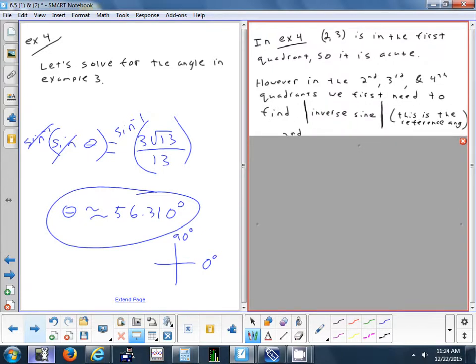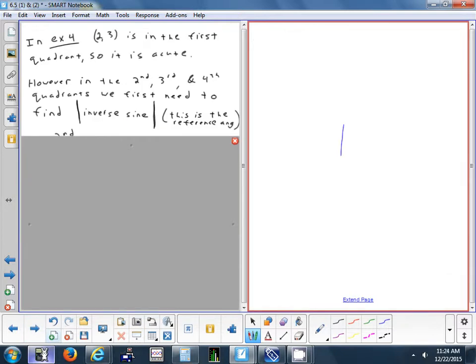And that's the first step. Okay, this 56.31, that's the first thing you have to find. Okay, but what would you do if, let's say, you're in quadrant 2. Okay, and let's do the same thing. Let's just call this point, what was it, 2, 3 before? Let's make it -2, 3.